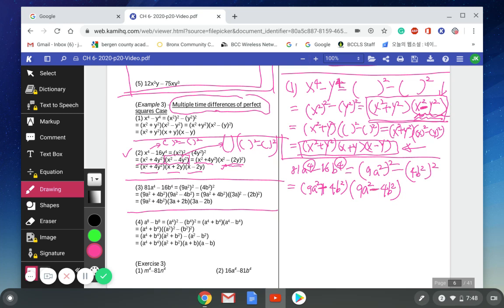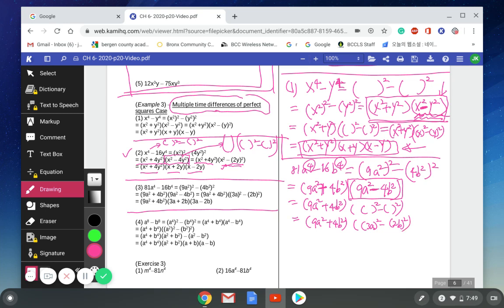And then the second part, you realize that you can do one more time. So that's 9a square plus 4b square with something square minus something square, which is (3a) whole thing squared minus (2b) whole thing squared.